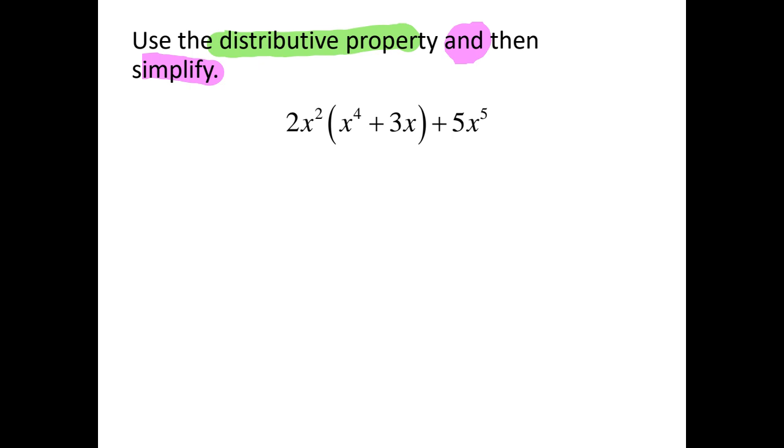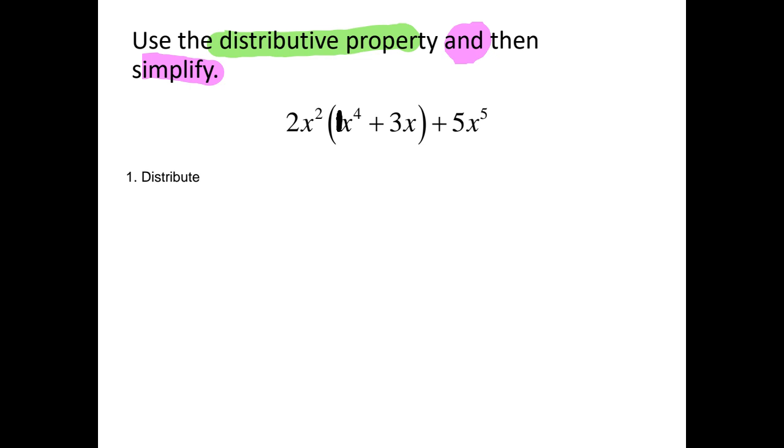Now, the first thing we're going to do is distribute. Okay. Now, this is where you got to be careful. This parentheses, in front of this x4, I have a 1.